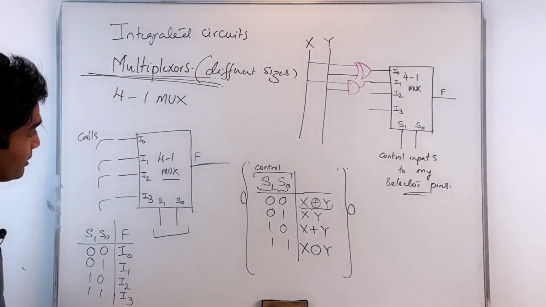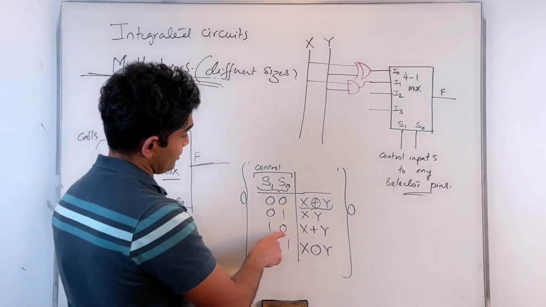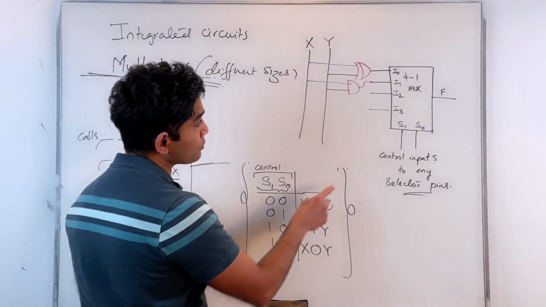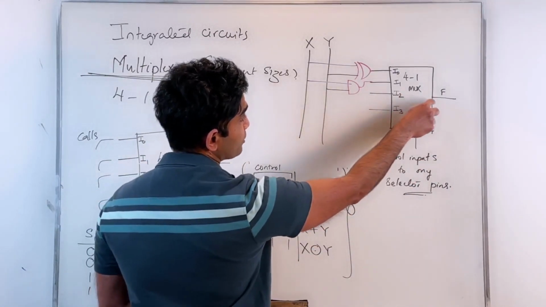X OR Y, when do I get it? When I apply a control input of 1, 0 here. I2 is the one routed.